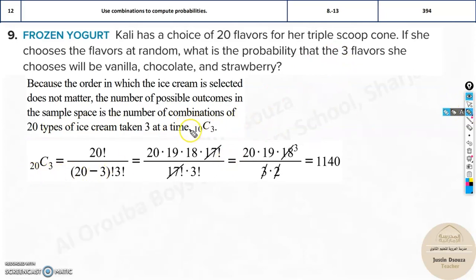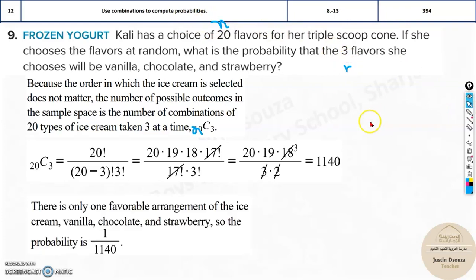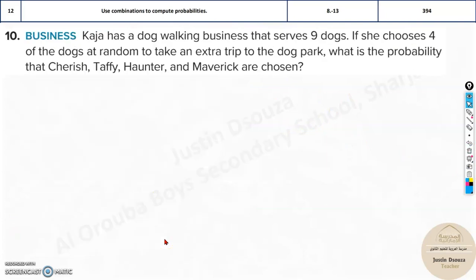Because the n value is 20 and r is 3. Now, what is the possibility that vanilla, chocolate, and strawberry will be in one single group? It's only one possibility. And the total possibilities are 1,140. We just put it in the calculator, find this, and then divide 1 by it. Same thing over here. You can solve this by yourself and then check the answer.